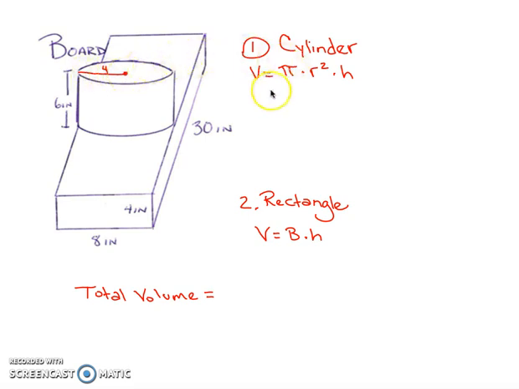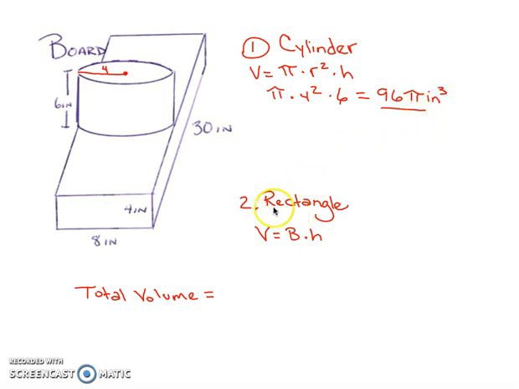So we have pi times 4 squared times just the height of the cylinder, which is 6. So my cylinder volume would equal 96 pi. And that's also going to be in cubic inches.